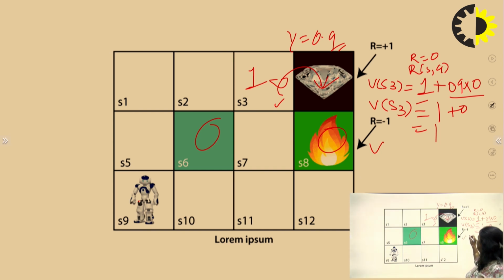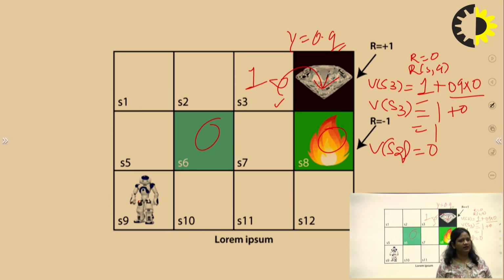Now calculate the value of the grid S2. The reward in this case will be equal to 0, because the right of this is not the final destination. That is why the reward in this case will be 0, plus the discount factor 0.9 multiplied by the value of the previous cell.